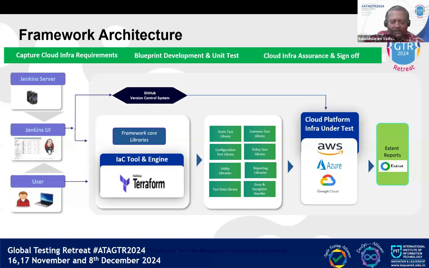Finally, the reporting library automatically sends results to the stakeholders at the end of the execution. This is the unique framework using Terratest that helps us validate the infrastructure after it is deployed.